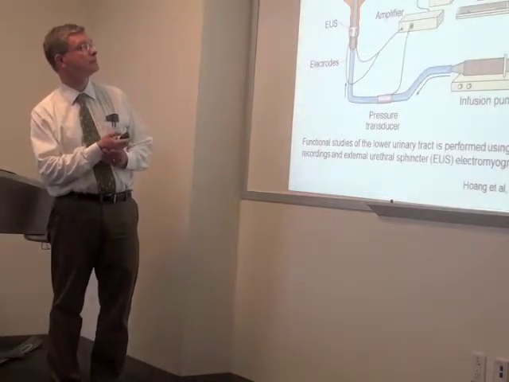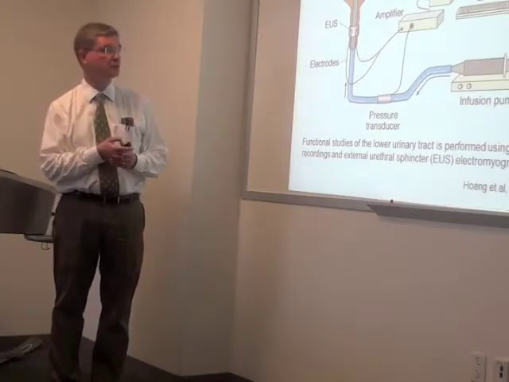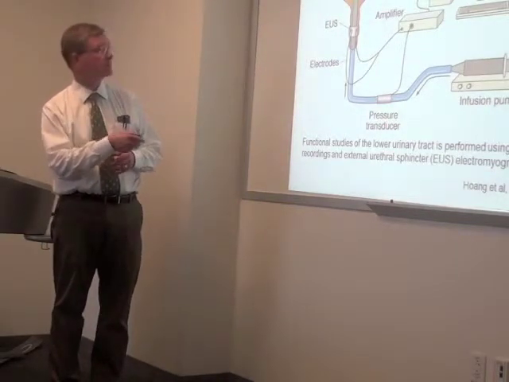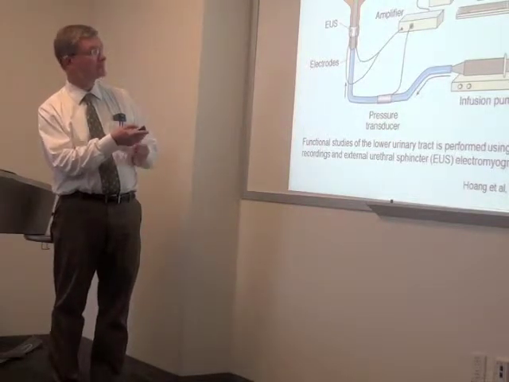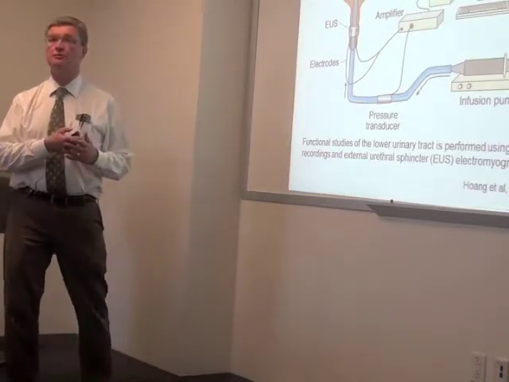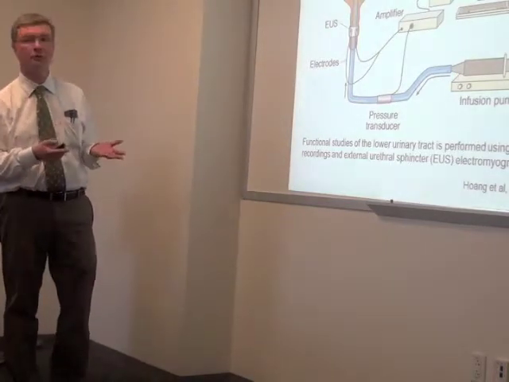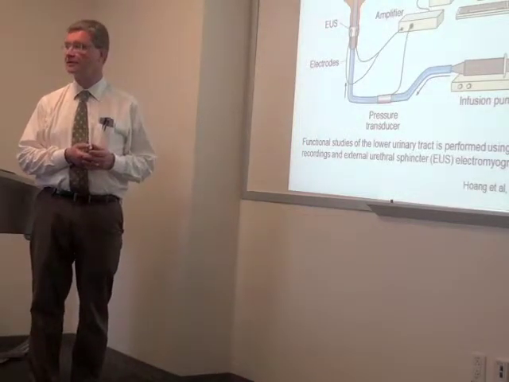And at that point, we developed methods adapted to this injury model to record from the bladder in rodents. This is actually not just similar, it's almost identical to what would happen to any one of us in this room if you go to a urologist and have a urodynamic study.